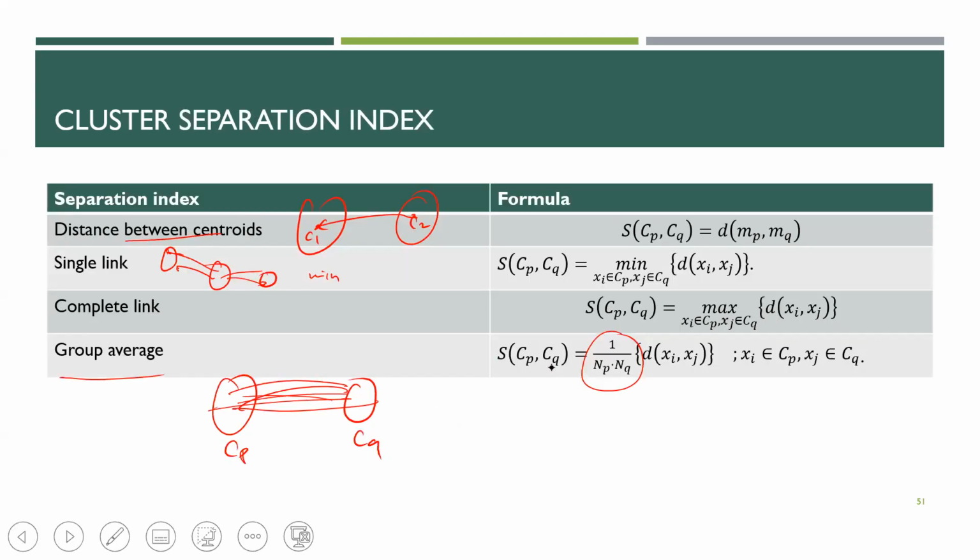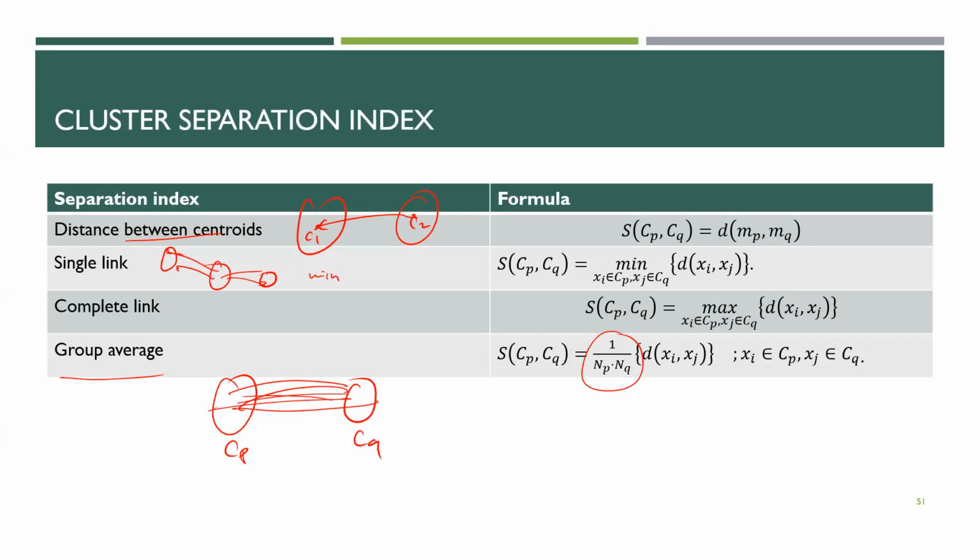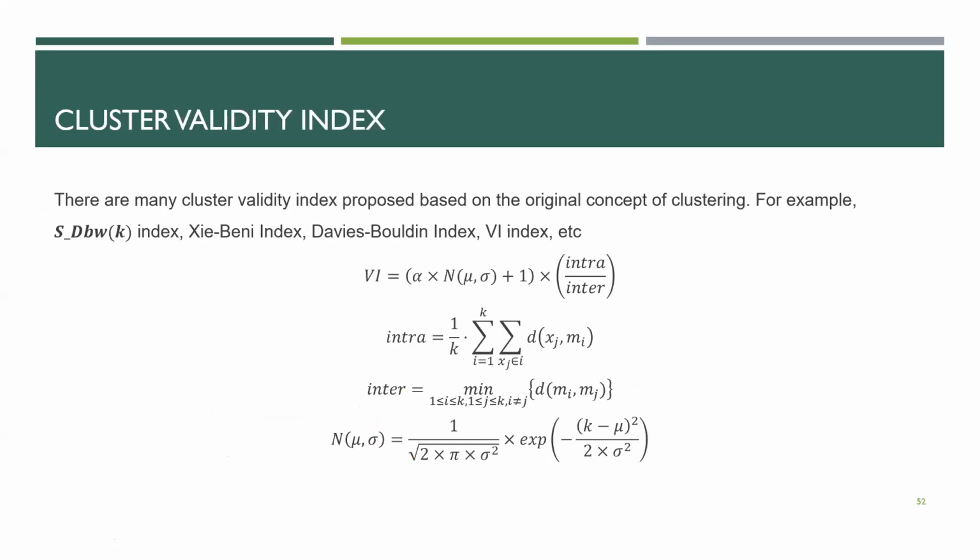Okay, so these two only calculate compactness, and this one only calculates separateness. Later, there are other cluster validity indices which calculate both of them in the same formula.